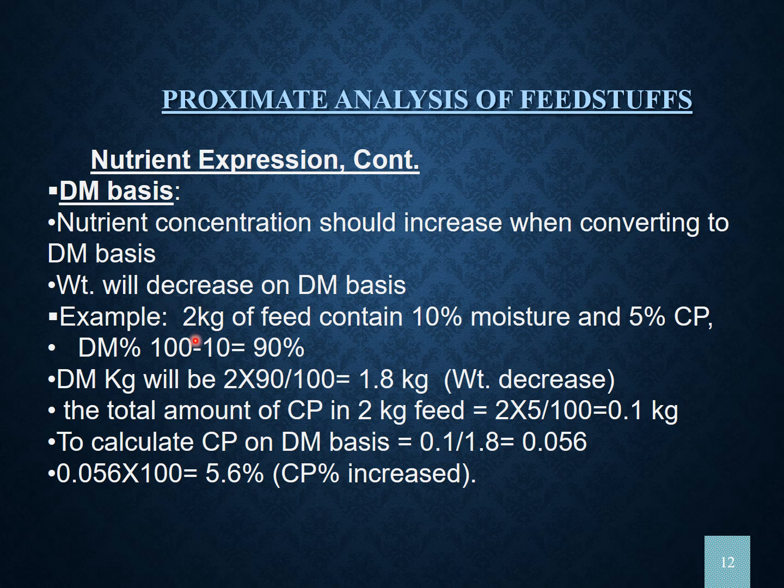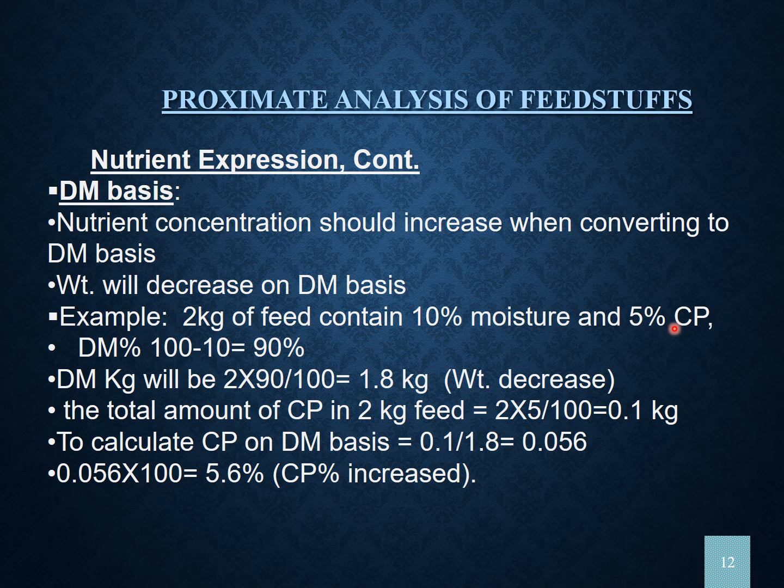We have 2 kilograms of feed containing 10% of moisture. The moisture is the water inside the feedstuff. So 2 kilograms of feed contain 10% of moisture and 5% of crude protein.